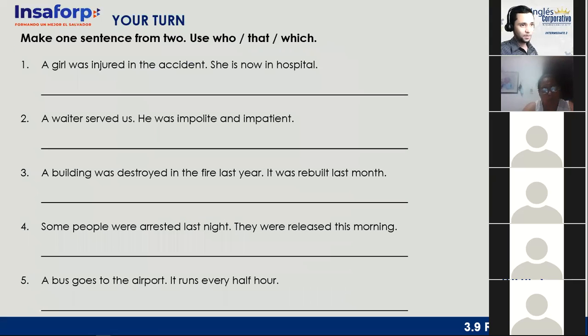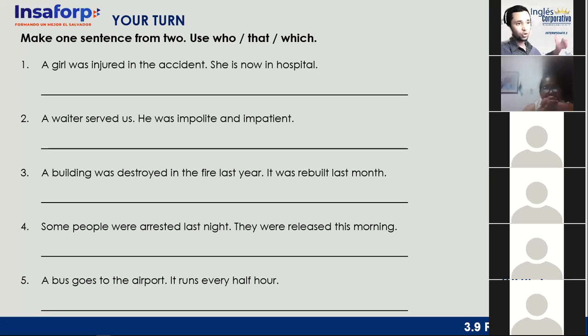Next exercise. You are going to work again in the breakout rooms because this is a little bit more difficult. Okay, what are you going to do? Make one sentence from two. You have to use who, that, or which. Okay, example. A girl was injured in the accident. That's sentence number one. She is now in hospital. That's sentence number two.